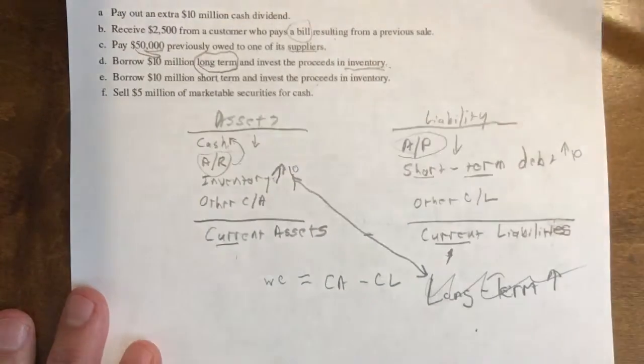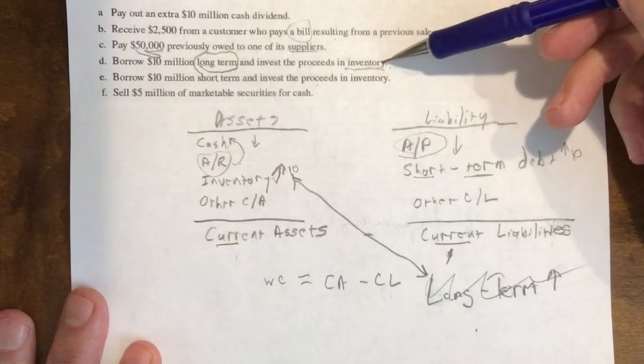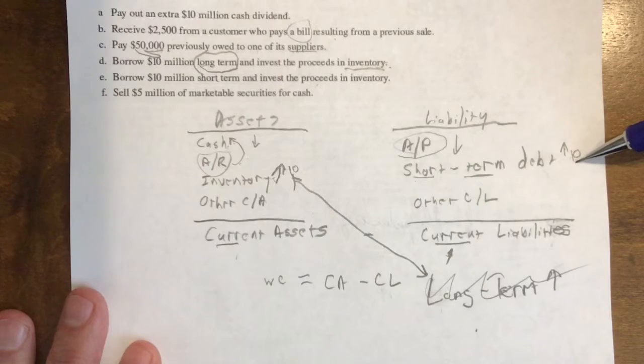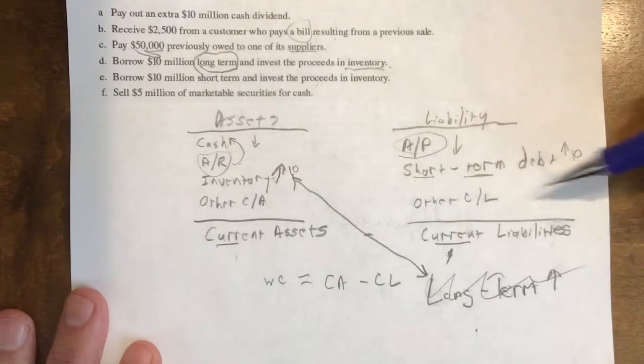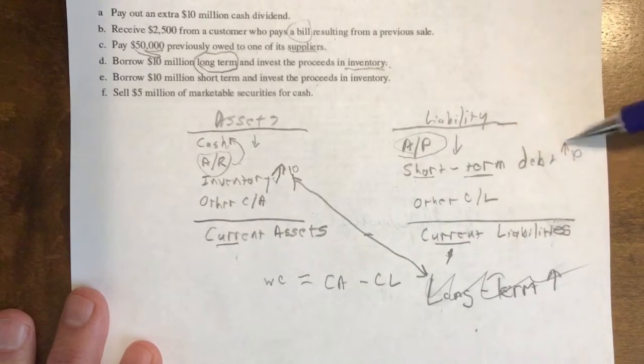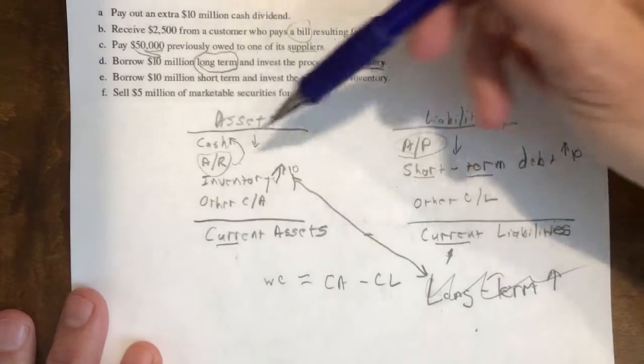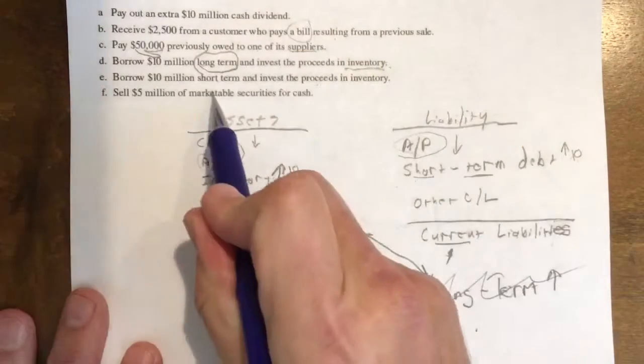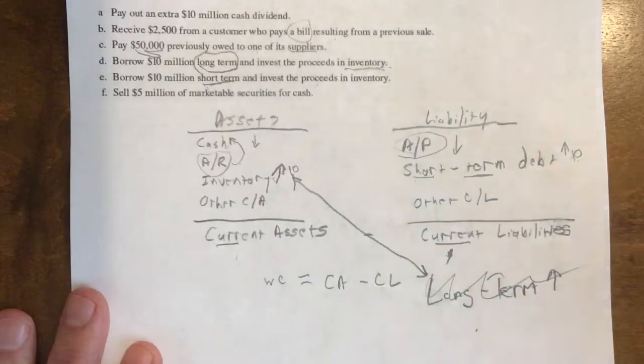Cash is not impacted, so it's similar to D, except because it's short-term debt, not long-term debt, it impacts this side of the working capital calculation. So in that case, no impact on cash, and net working capital doesn't change because it's gone up by 10 million on each side. The short term being the key term there.